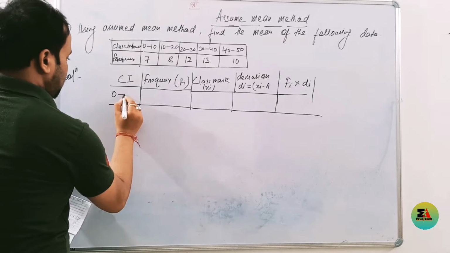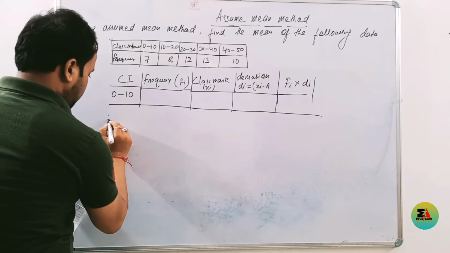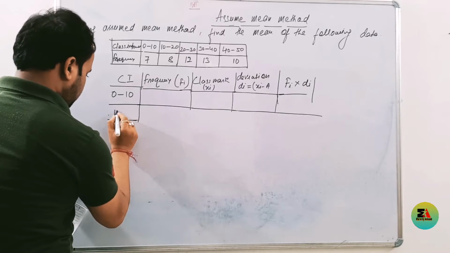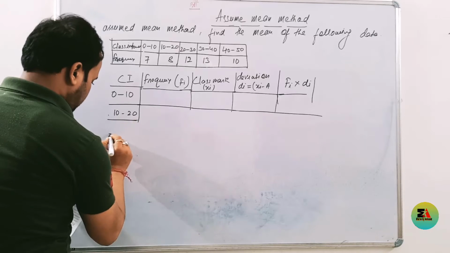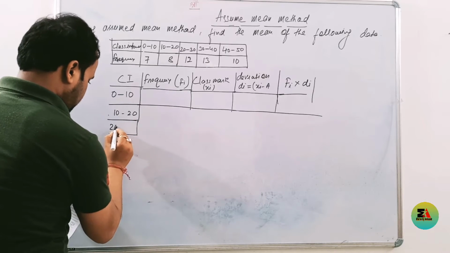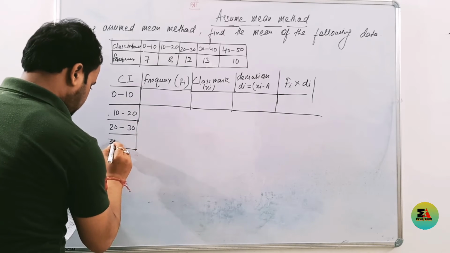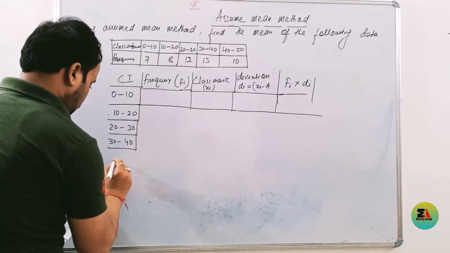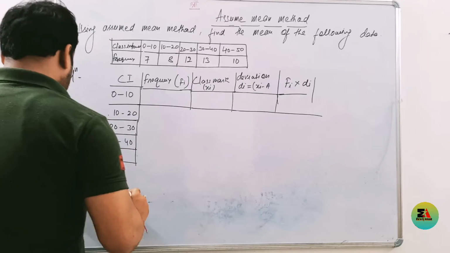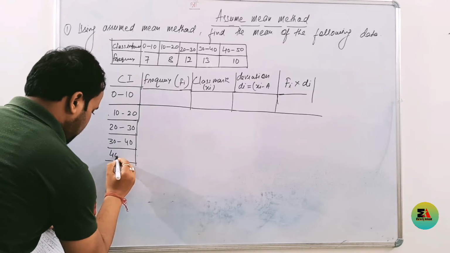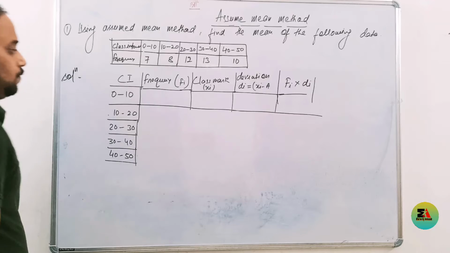The data starts with 0 to 10, 10 to 20, 20 to 30, 30 to 40, and the last one is 40 to 50.